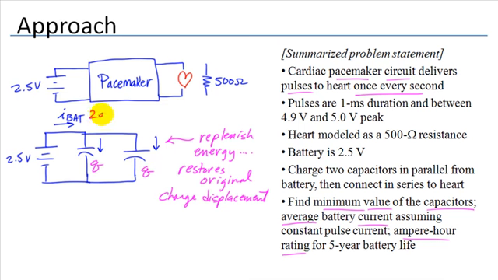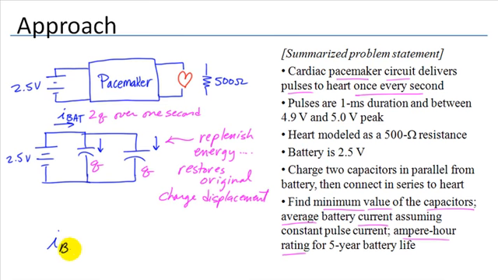Now each capacitor needs a displacement of Q, so we have a total amount of charge that has to be separated of 2 times Q, and we are able to do this over 1 second, and that gives us the average current.